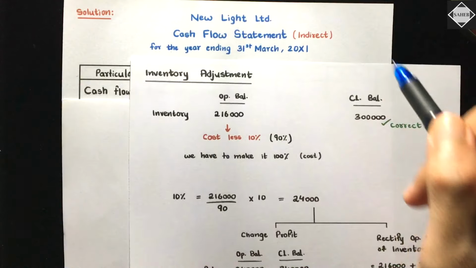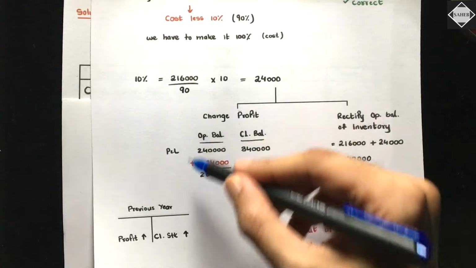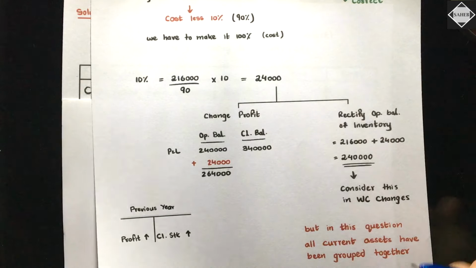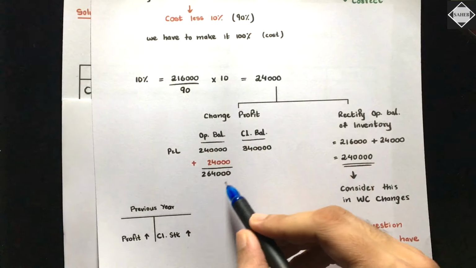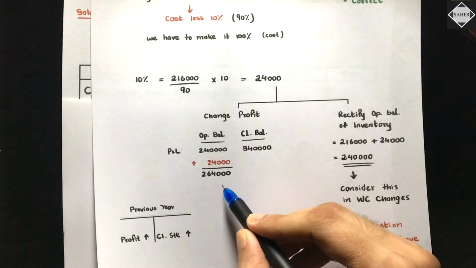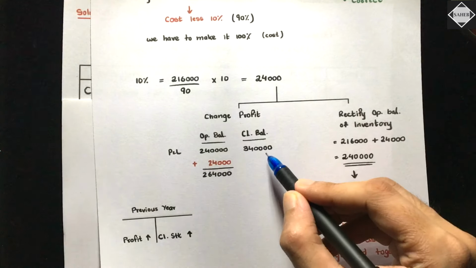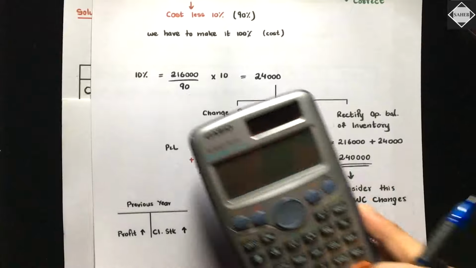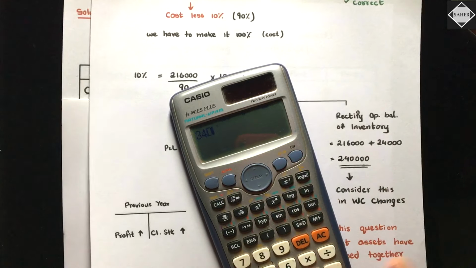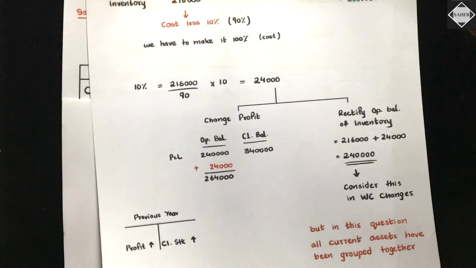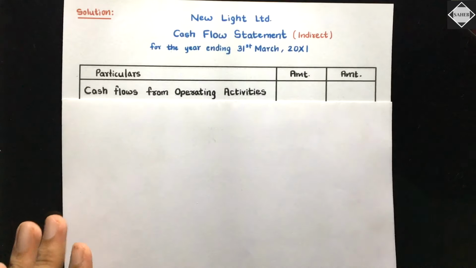Because of the inventory adjustment, our opening balance of profit got changed. We increased the inventory, so we had to increase the profit also. So the opening balance is 2,64,000. So closing minus this opening, 3,40,000 minus 2,64,000, that is equal to 76,000. 76,000 will be our profit.